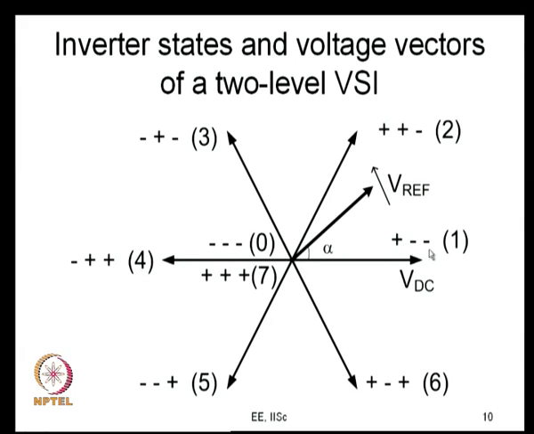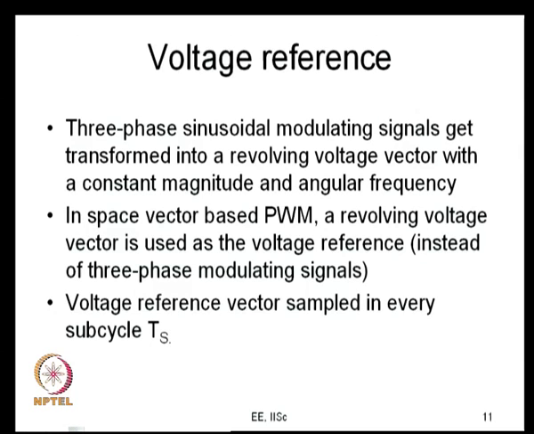Like plus minus minus, R alone is positive here; if Y alone is positive and the other two are negative, you get a vector which is aligned along the Y phase axis. Similarly, if B alone is positive and the other two are negative, you get a vector of the same magnitude VDC along the B phase axis now. So, thus you get these 6 vectors as we saw in the previous lectures now.